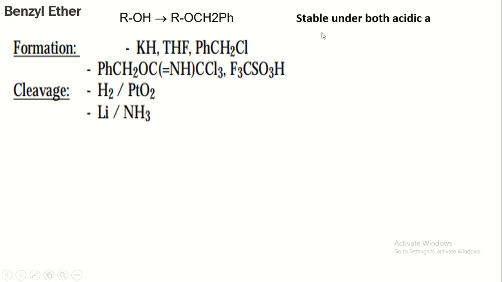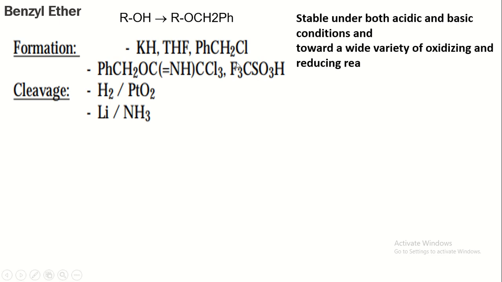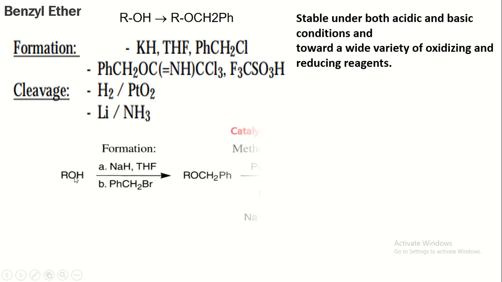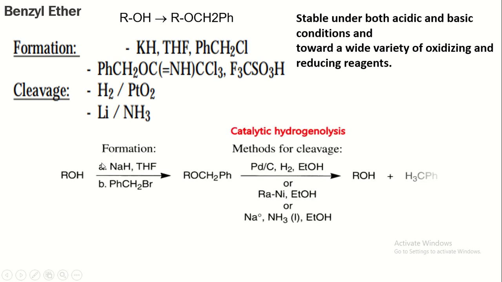It is stable under acidic or basic conditions. Therefore, acidic or basic conditions can be useful for other purposes. First, the base abstracts the proton from OH, then O minus attacks on the CH2 to give the protected form, that is benzyl ether, and then benzyl ether is deprotected by using such types of reagents. It is a reducing agent.